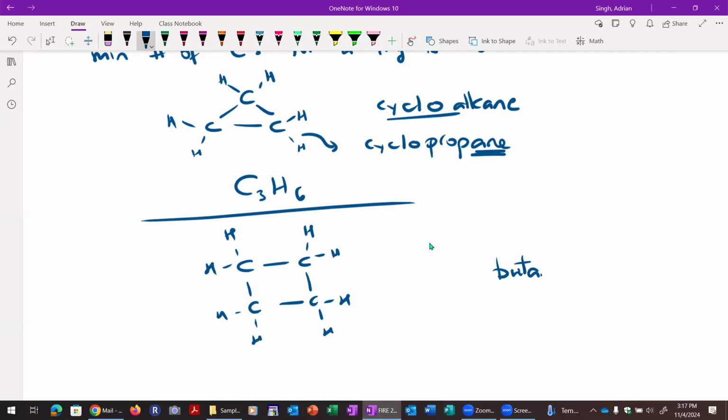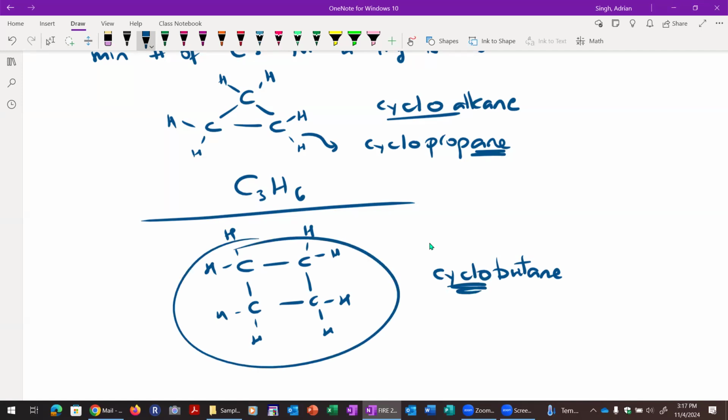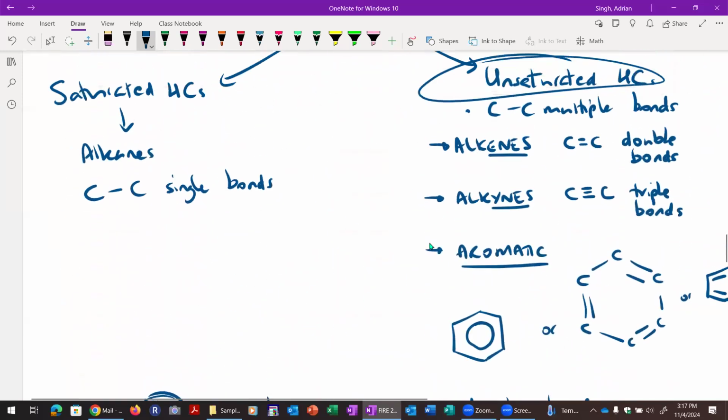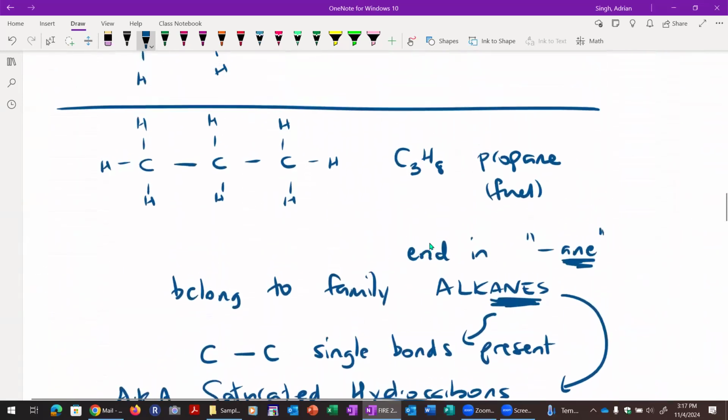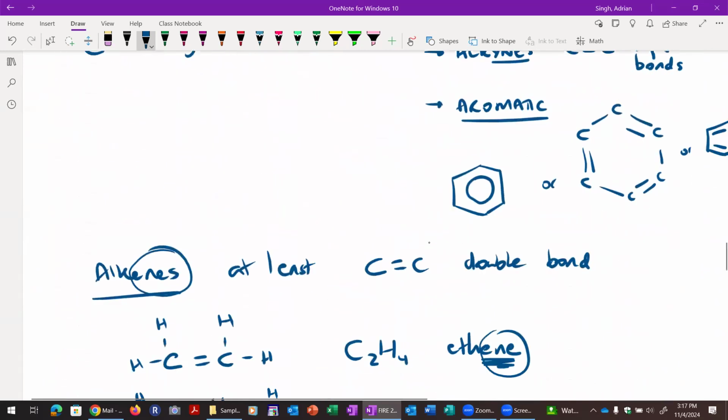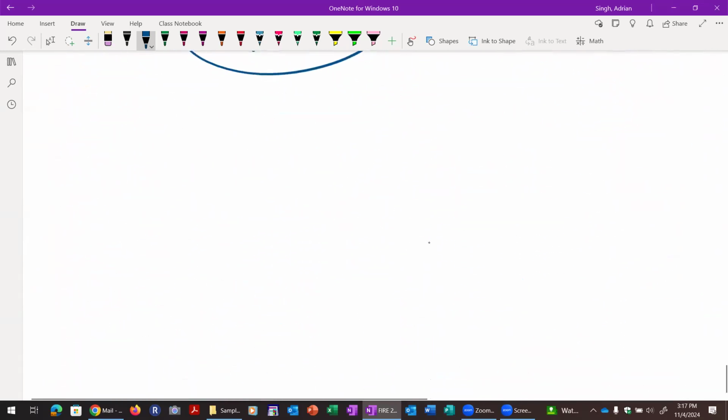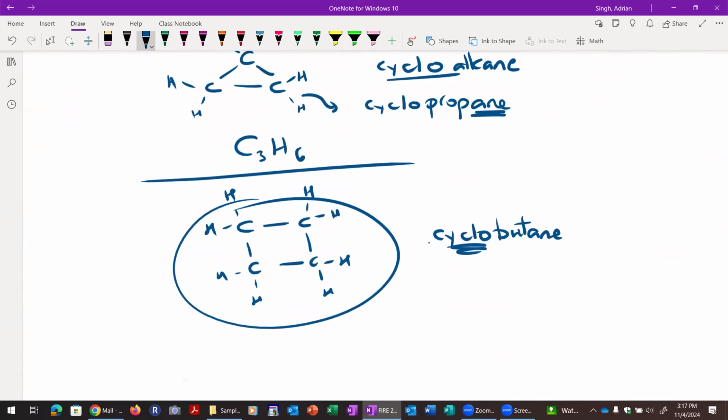And then it'll have the ane because it's all carbon-carbon single bonds. And now it's in a ring, so we put this prefix cyclo in front. So this is cyclobutane, rather than just regular old butane that we saw. Did we do butane? I don't think we did butane. But butane would have four carbons in it. Cyclobutane has four carbons, but it's in a ring. Right? So this prefix cyclo here means that it's in a ring structure.